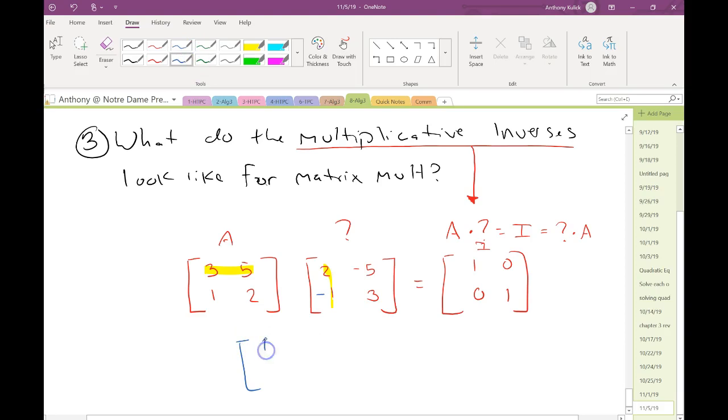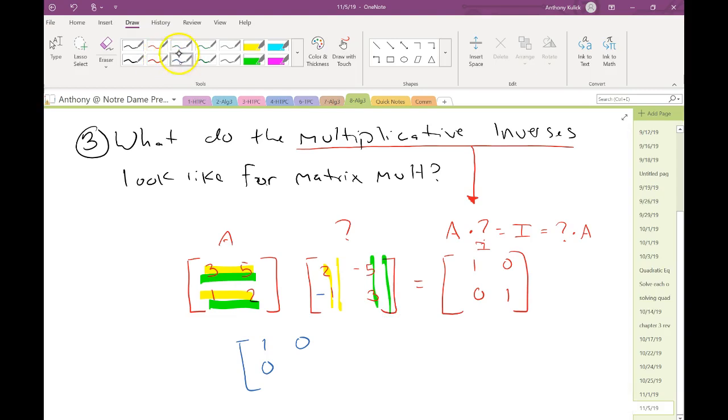My apologies, guys. And then the next row times next column. That's negative 15 plus positive 15. That's going to give me 0. Row times column. Positive 2 plus negative 2. That gives me 0. And then next row, next column, that's going to give me negative 5 plus 6, which is 1. So we see that this does work.